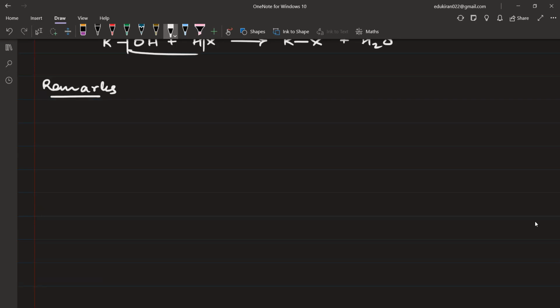Now, write some remarks. See, the HCl is having least reactivity, and 1 and 2 degree are also having low reactivity. Due to this, we need some kind of catalyst for this reaction to happen.